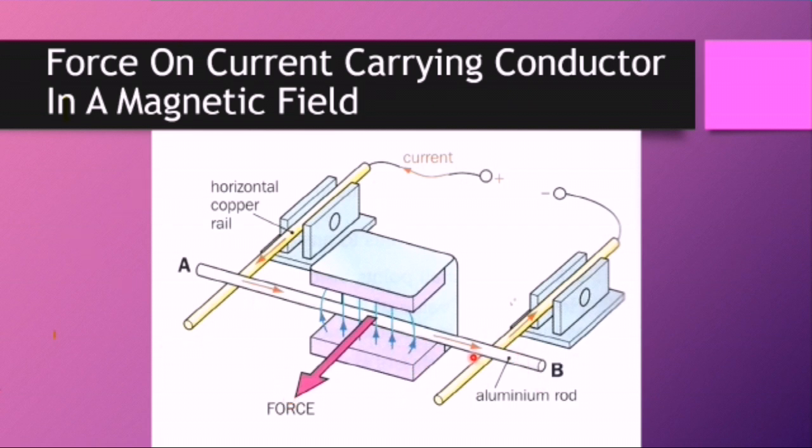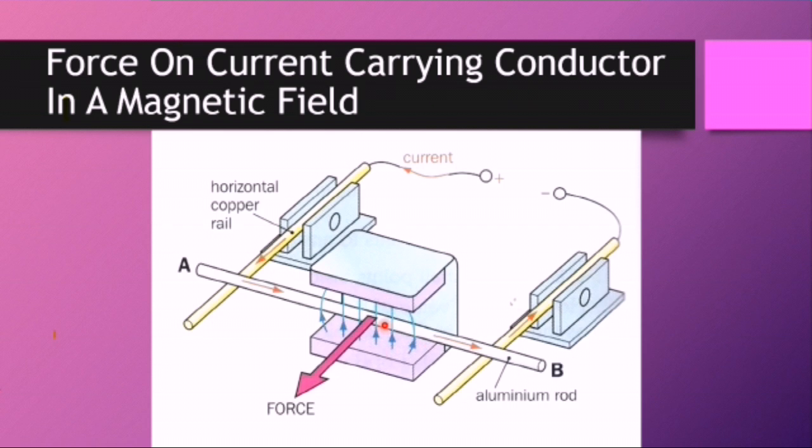As we have studied in our last video, there will be a magnetic field due to this current carrying wire. Those who have missed the last lesson, I would recommend to go through it, as I have given the link in the description as well. Now what happens? Due to the interaction of two magnetic fields, one due to the current carrying conductor and the other due to the permanent magnet, a force is produced on this conductor.